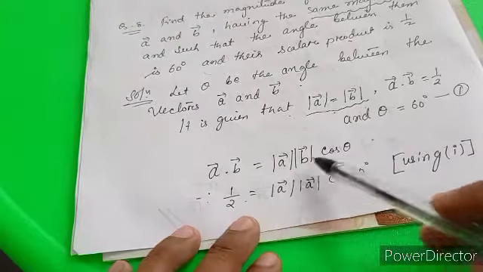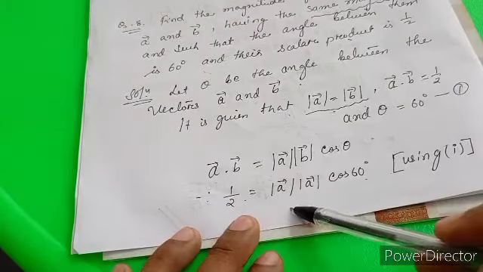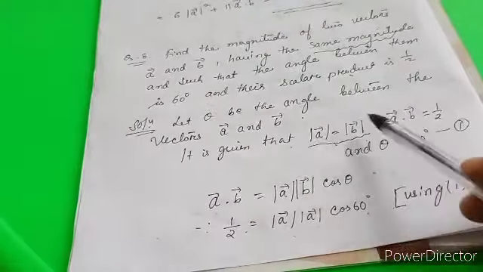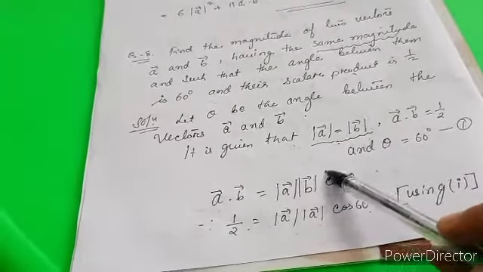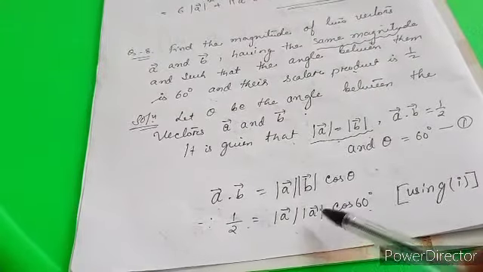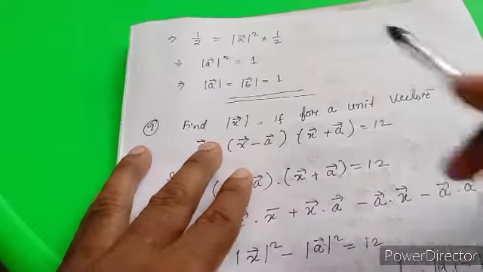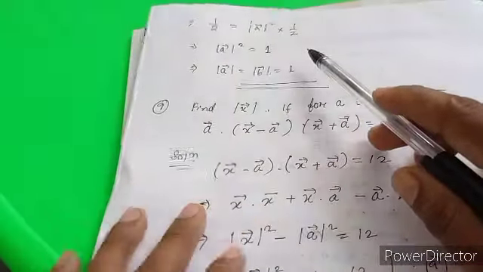This is half equals modulus of A and modulus of B times cos 60. We are putting A because modulus of A equals modulus of B. So instead of B, I am putting modulus of A. Modulus of A times modulus of A, this is A square, so this is modulus A square into half.